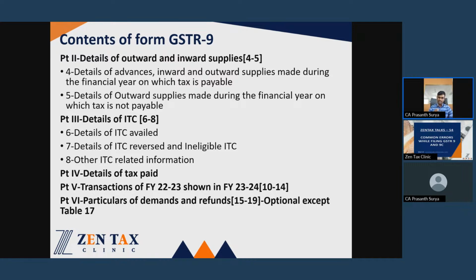This is the breakup of input services and capital goods, and this is the input ITC. Part 4 is a summary of what you have given in Part 2 and Part 3. These three parts form the major part of GSTR9, the basis on which the majority of notices are issued by the department as of now.